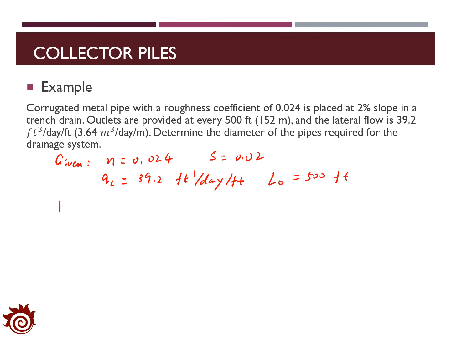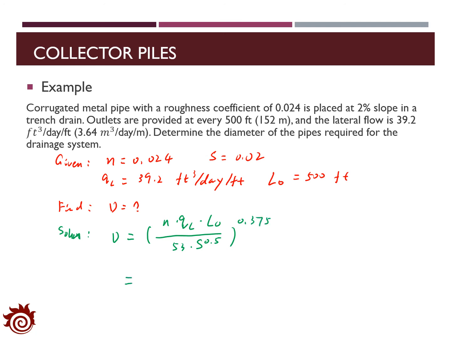With that, we want to find out the diameter D. Then we can call the formula for D as N times QL times L0 over 53 times S to the power of 0.5, all to the power of 0.375.